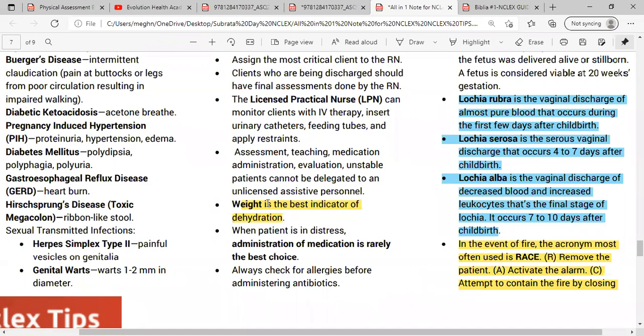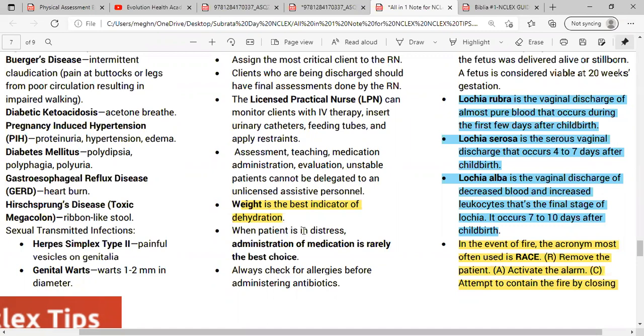If a patient retains fluid in the body, how can we measure it? Just measure the body weight. So body weight is the best indicator for fluid retention, dehydration, or edema.